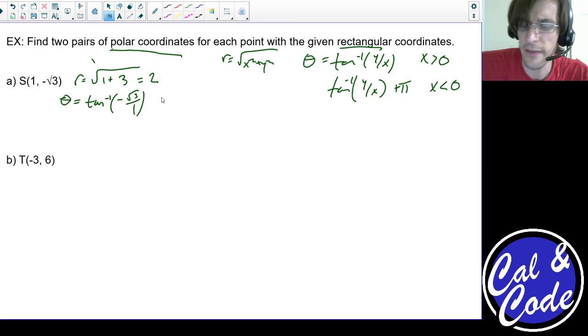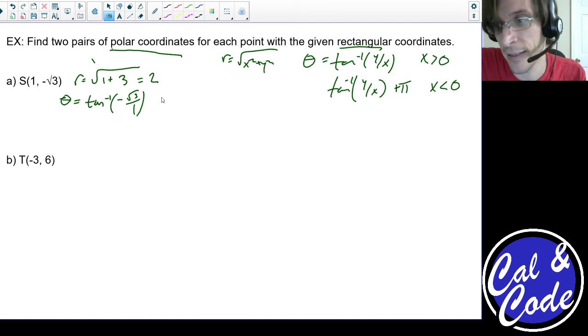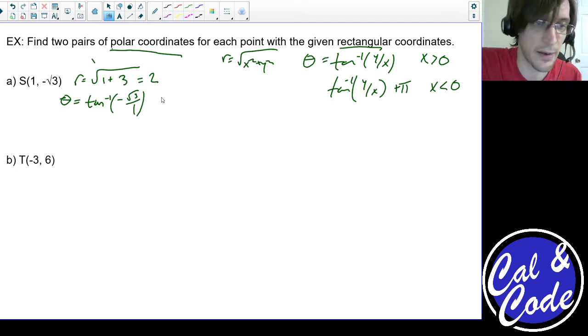So what I'm trying to think of is, what do I take the tangent of that gives me negative root 3? So I have to think about first, where is tangent negative? Tangent is negative in the 4th quadrant in this case, because remember we're dealing with a positive x value.